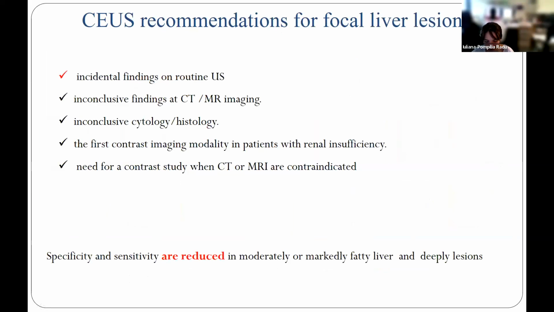The Society of Ultrasound in Medicine and Biology recommends the contrast when we have an incidental finding of a lesion in the B mode, in the case we have inconclusive findings in CT or MRI, or when the cytology and histology don't help us, and or as the first contrast imaging modality in patients with renal insufficiency, or when the CT and MRI are contraindicated.